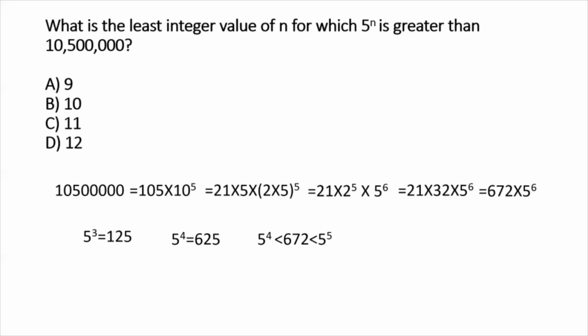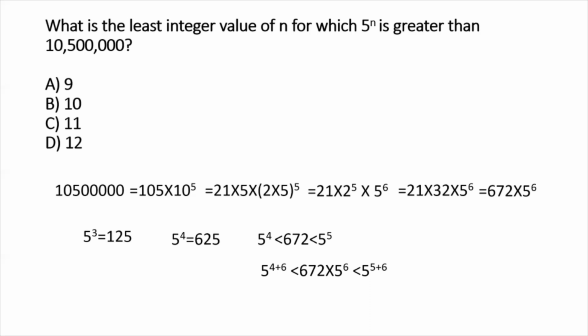Now if we multiply all sides of this inequality by 5 to the power 6, and since 5 to the power 6 is a positive number, our inequality is still preserved, right? So on one side we have 5 to the power 4 multiplied by 5 to the power 6, so that's 5 to the power 10. In the middle we have 672 multiplied by 5 to the power 6, which is the big number we have been asked to compare in the question.